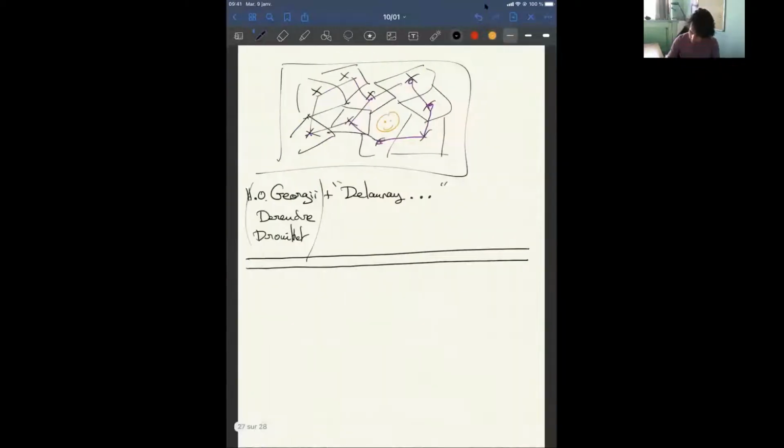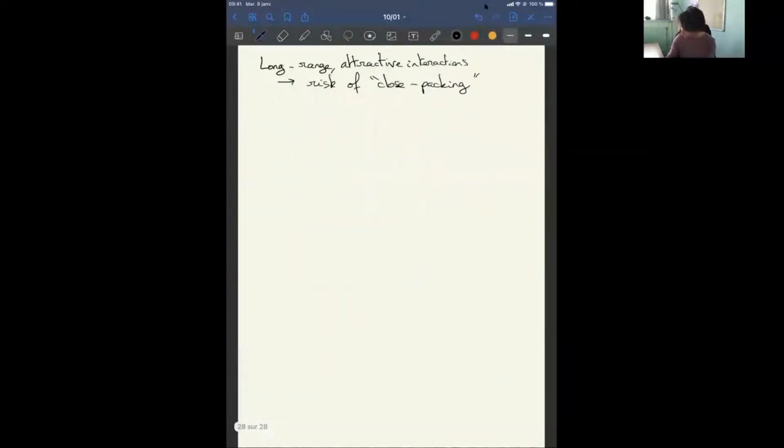So what did we need to do in order to understand which situation would be preferred by the ensemble, by the probability measure, so by the physics, if you want?